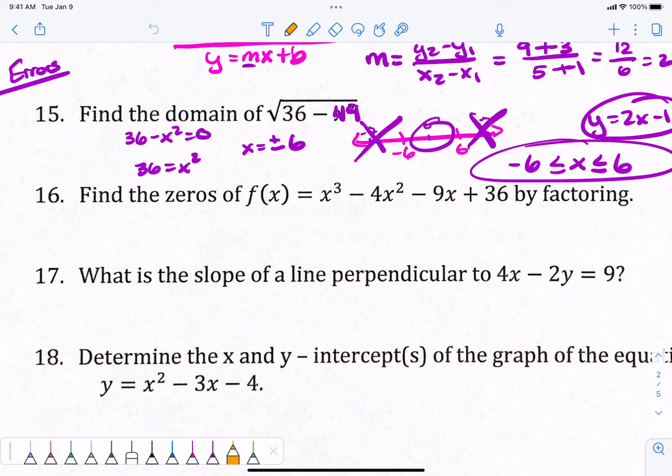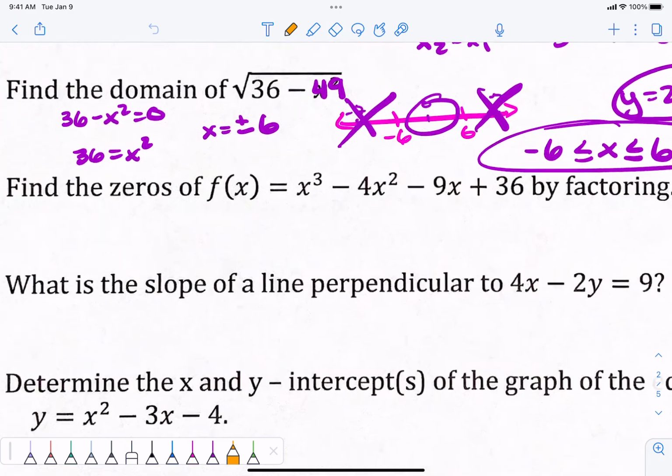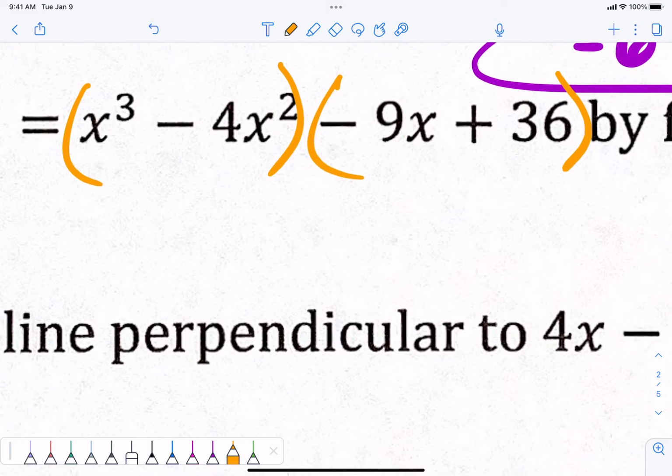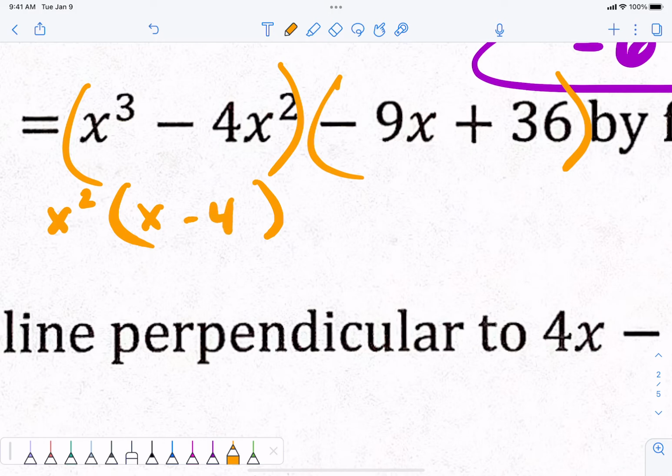Solve by factoring. There's only one way that we can factor things when they have four pieces. Break it into two different things. Factor by grouping. Take out an x squared, and you're left with x minus 4. And take out negative 9, and you're left with x minus 4.